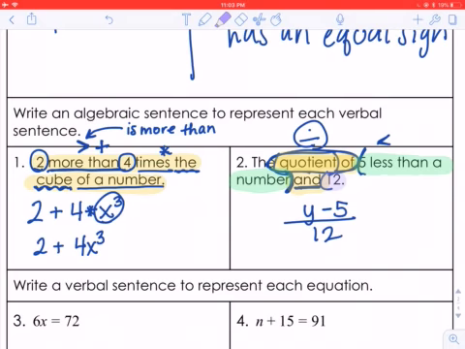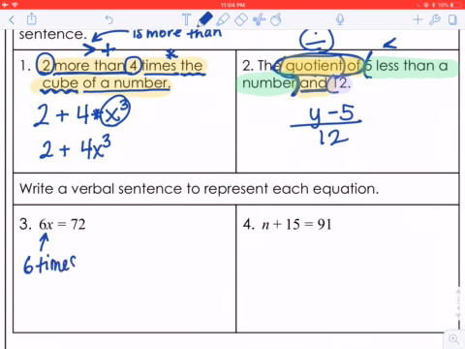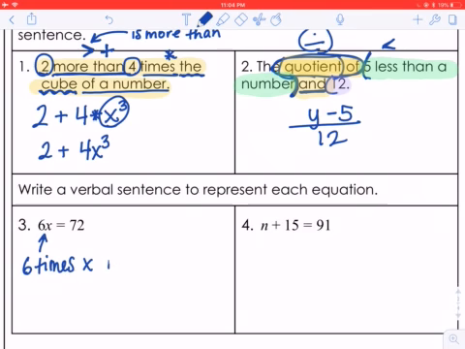Now we're going to work backwards for numbers 3 and 4. So it says write a verbal sentence in order to represent each equation. So in this one, I see that 6 is being multiplied times x. So I could say 6 times x is, that's my equal sign here, 72.